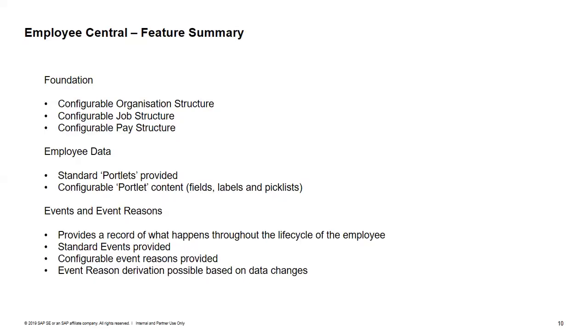There are employees terminated, employees rehired. So these are all the events. Standard events are provided by the system, and there are configurable event reasons. For every event, there can be at least one event reason. If you're transferring, what is the transfer? Is it a department transfer? Is it a location transfer? Is it a manager transfer? If you're promoting, what is the event reason? Okay. That is event reason derivation.